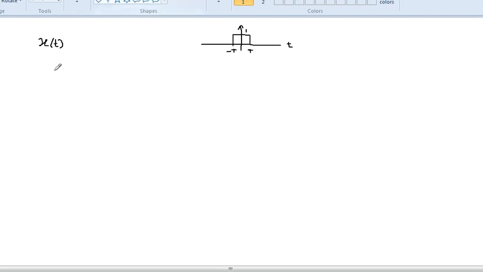So let's solve this problem. To solve it, x of t has to be defined.